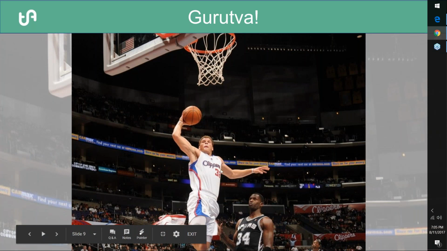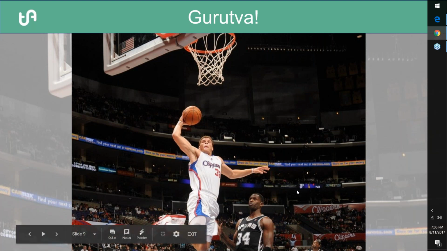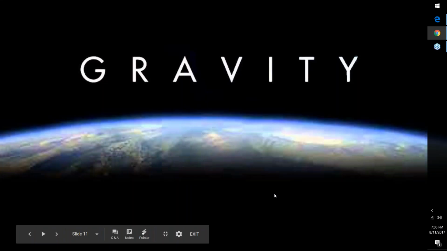This is Blake Griffin, and he is jumping up, and he's going to slam dunk the ball. And of course, as he dunks the ball, he will fall back to the earth. And this is the high jump. And this is another Olympic sport. And as you can see, these athletes can jump a lot, but eventually they do fall back to Earth.